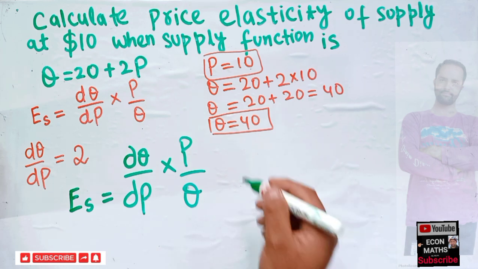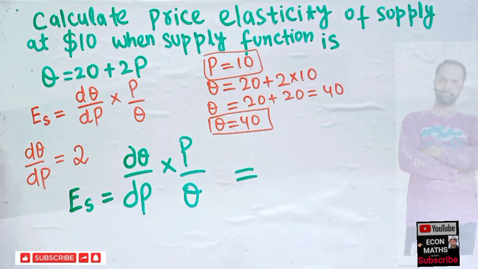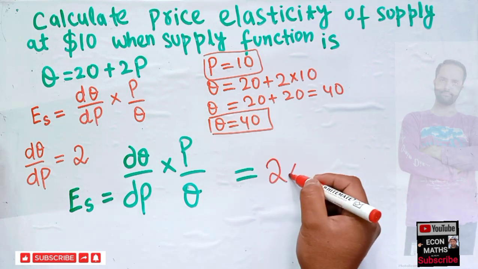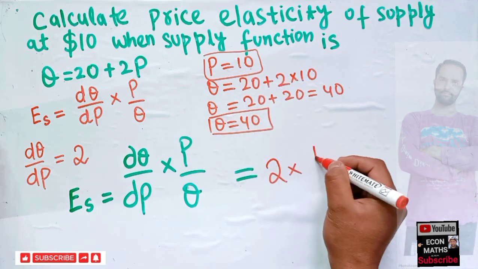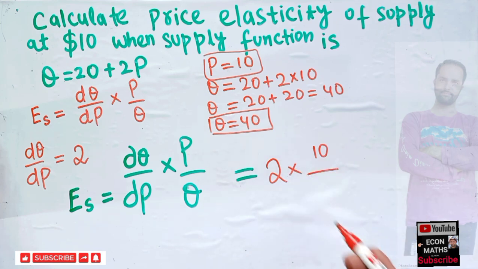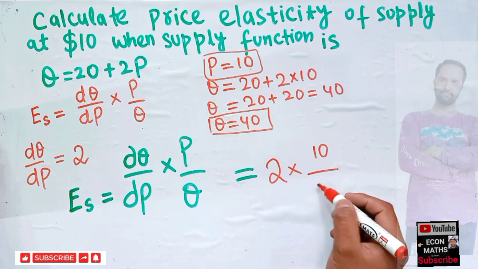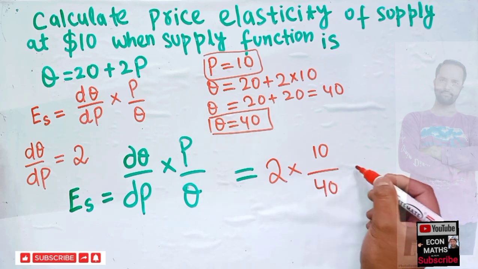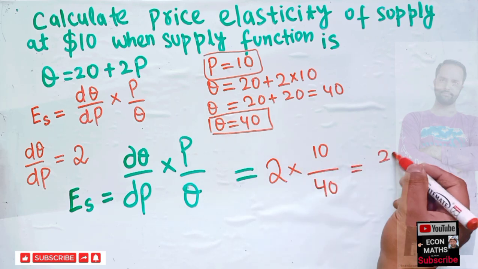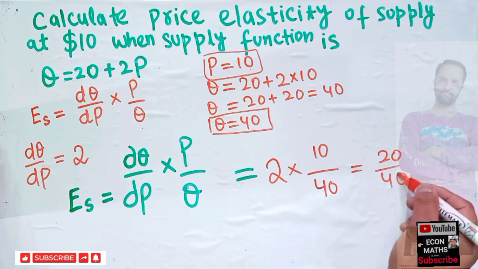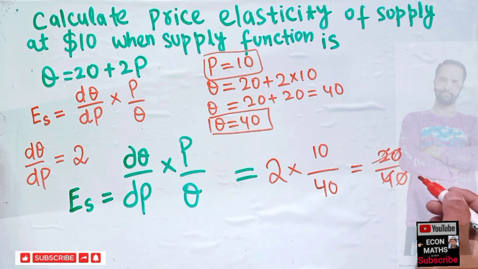We calculated dQ/dP to be 2, so it is 2 into, what is our P? P is 10, and Q is 40. So this comes out to be 2 tens are 20 upon 40, which becomes 1 upon 2, which comes out to be 0.5.